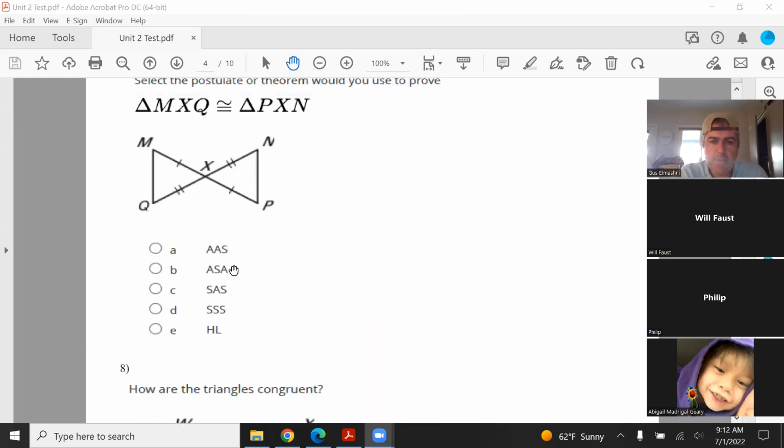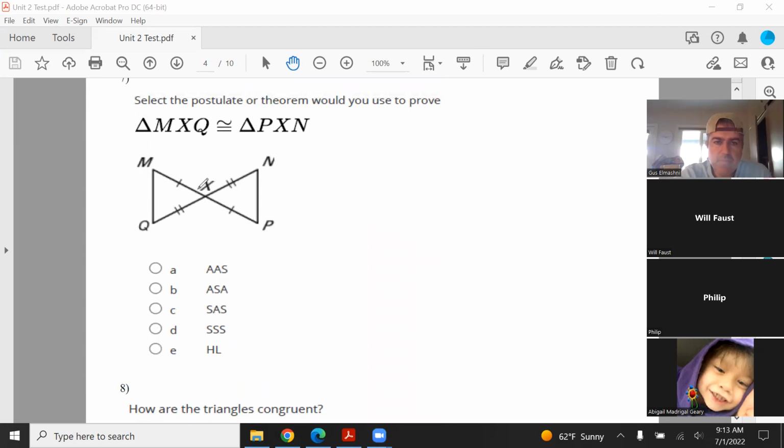This one here, some people had a hard time with this one too. So hopefully you could see that these are the same, right? So you have a side, an angle, and a side. The angle is between the two sides, right? That's totally obvious.